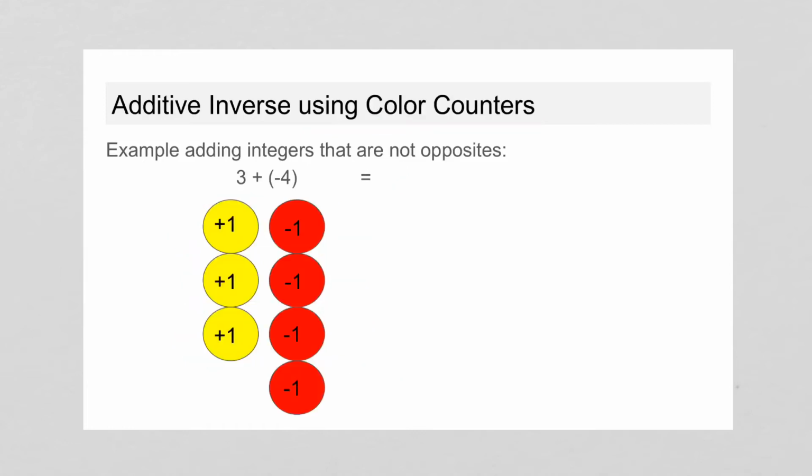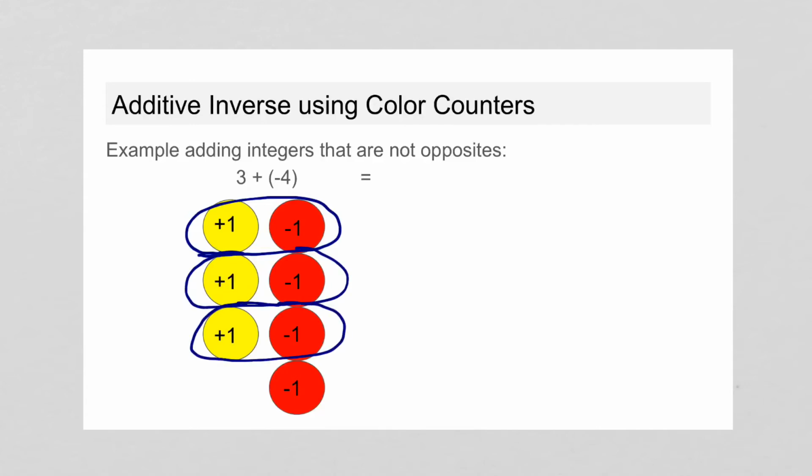Okay, what if there are more negatives? Let's look at this one again. This is a 0 pair, this is a 0 pair, this is a 0 pair. So we don't have to look at those anymore because those all added up to 0. What's the only thing left? A negative 1.